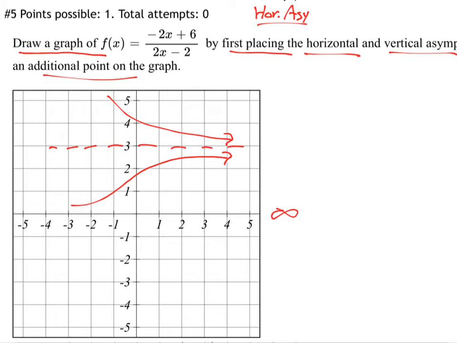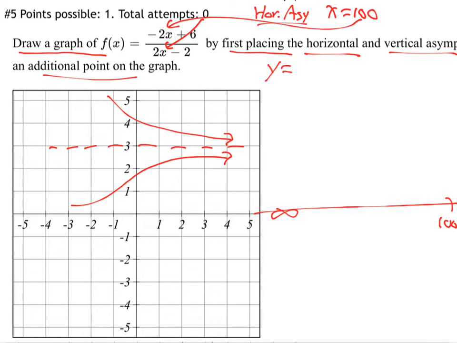So what you do is you just let x be 100, way over here, plug it in and see what you get. So what do we get? We get y equals minus 2 times 100 plus 6 over 2 times 100 minus 2.